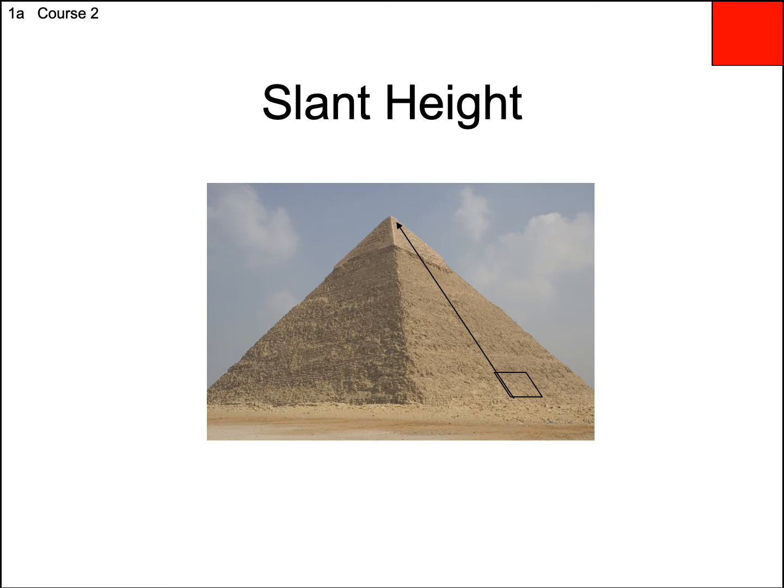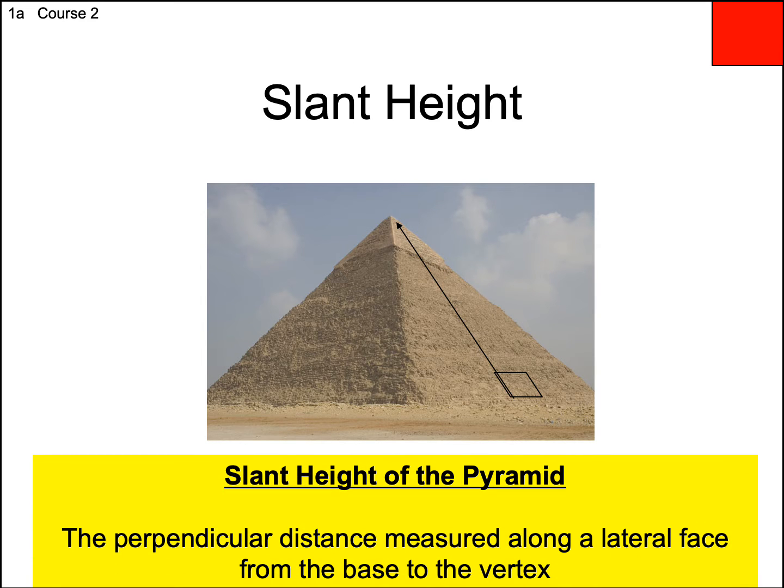And by the center, I mean along one of the bases, to climb the perpendicular distance between one of the sides of the base to the vertex. And we define that as the slant height. Notice that's not the height. The height goes from the middle. This goes along the outside. So please write this down, the slant height of a pyramid. It's the perpendicular distance measured along a lateral face.